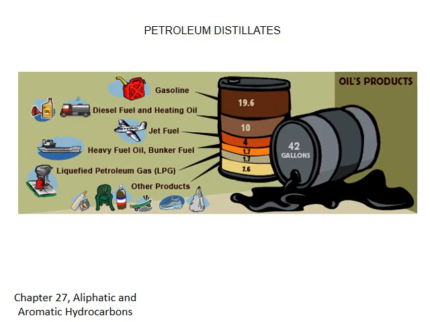And so many of the hydrocarbons that we're going to discuss today are considered to be petroleum distillates. And so crude oil is taken and it's distilled, and different fractions produce different types of hydrocarbons, or liberate different types of hydrocarbons.